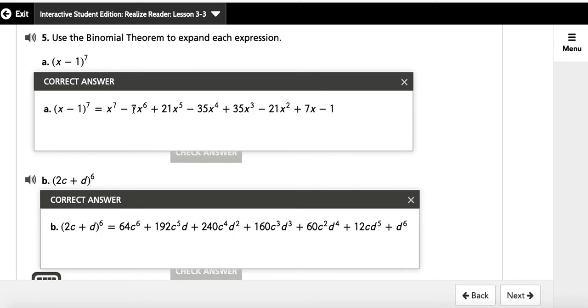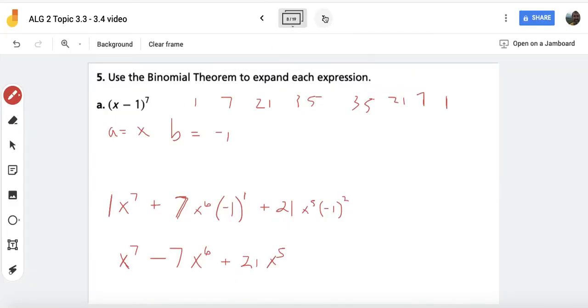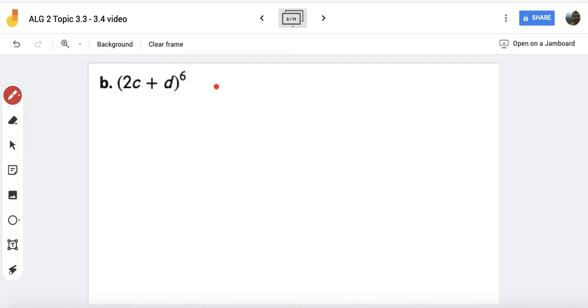Okay? Now let me try to do this other one out, or at least give you a head start on it. I need the 6th row of Pascal's triangle, which right now escapes me. 1, 6, I think it's 15, but better safe than sorry. Let me look it up.